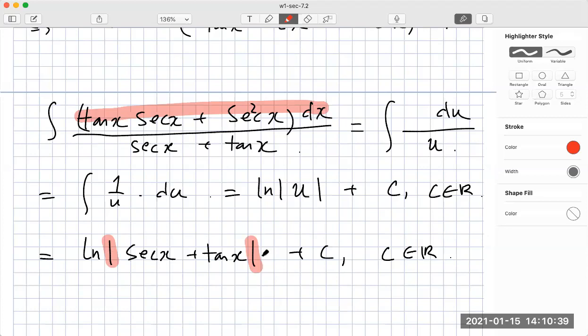So from now on, you can use this formula in the test. Okay. It's a little long, but this trick is very helpful. Do you have any question? Clear, right? Great.